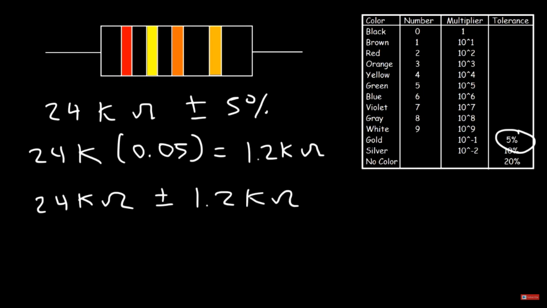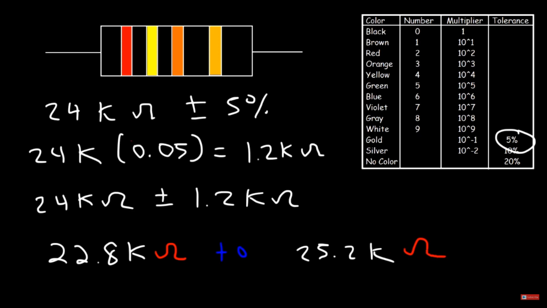So it could be 24 minus 1.2. So it can be 22.8 kilo ohms on the low side, or it can be 24 plus 1.2, which will be 25.2 kilo ohms.